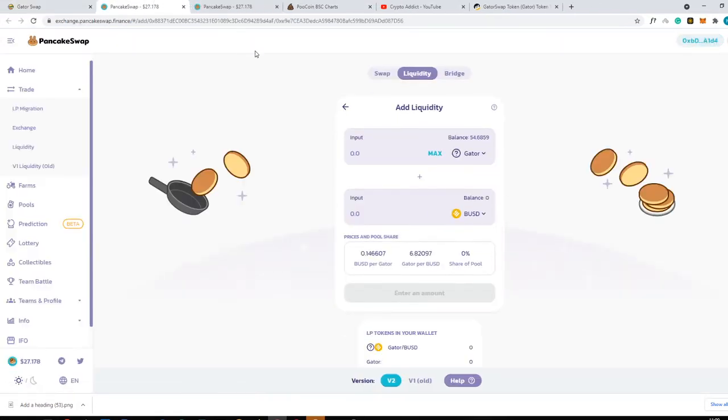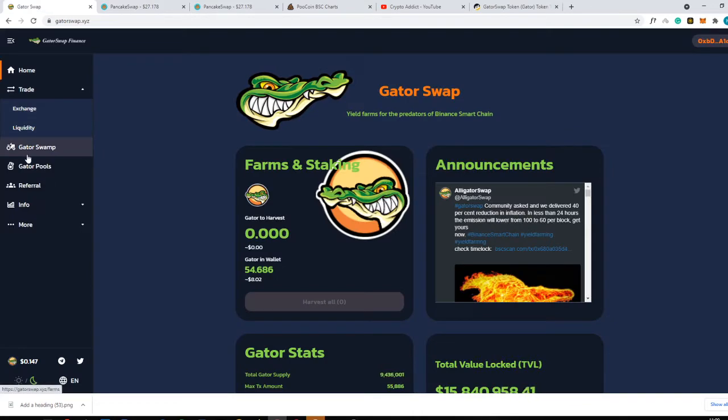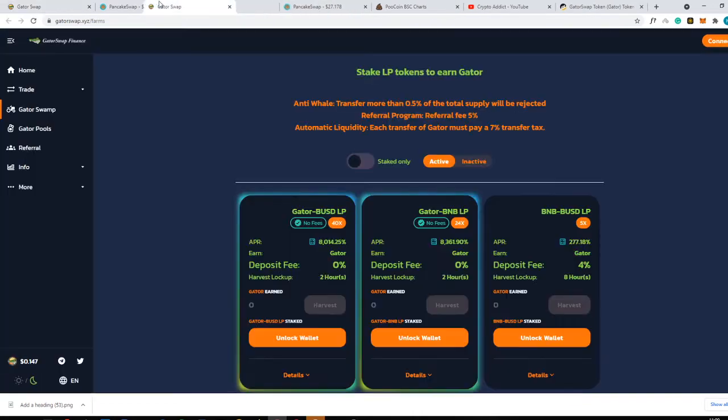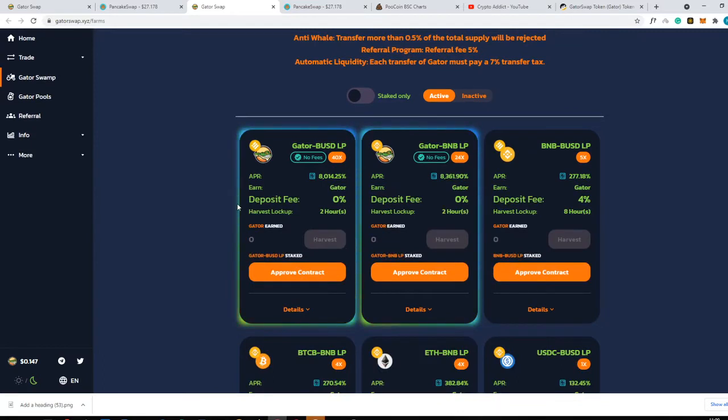If you are planning to do a liquidity pool, just match the dollar amount of Gator to your BUSD for you to create a liquidity pool of Gator-BUSD, or you can see it here in the Gatorswap what types of liquidity you can join.